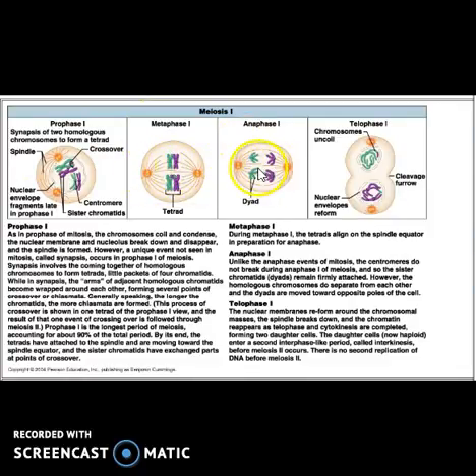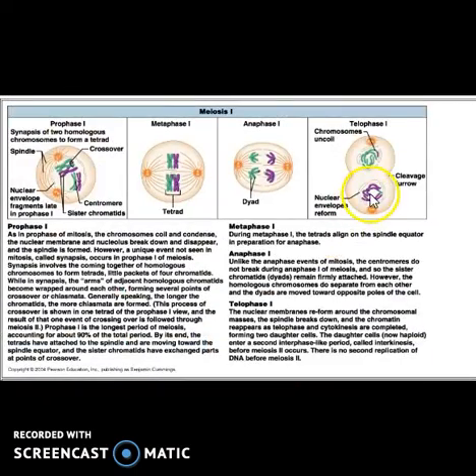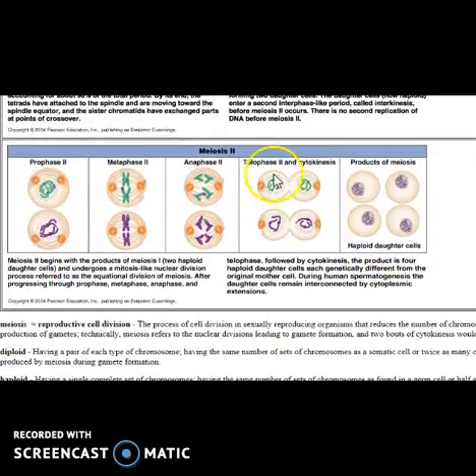Anaphase, they separate, and then telophase is where they completely become two cells. Notice that the nuclear envelope begins to reform, and they're diploid cells. Important to note, because in meiosis 2, the ultimate outcome are haploid daughter cells.